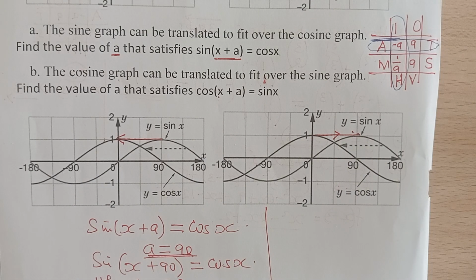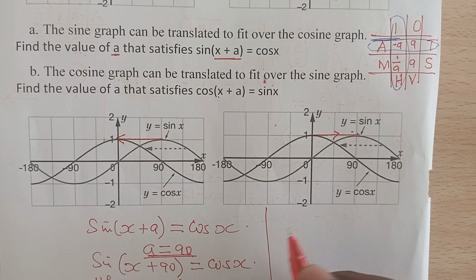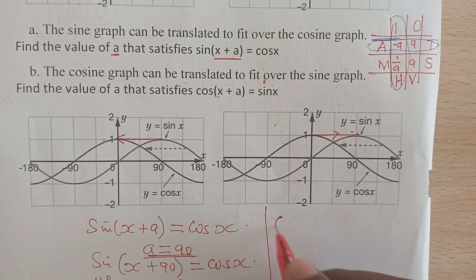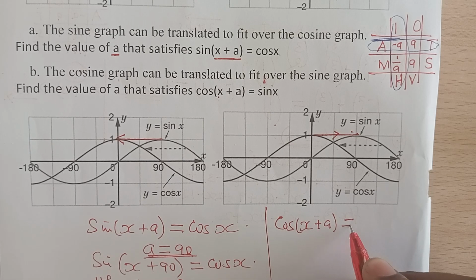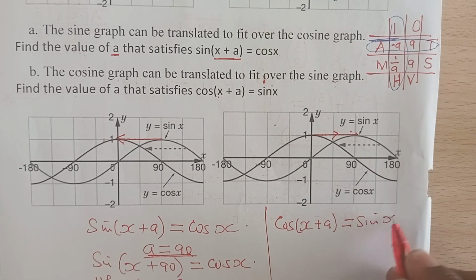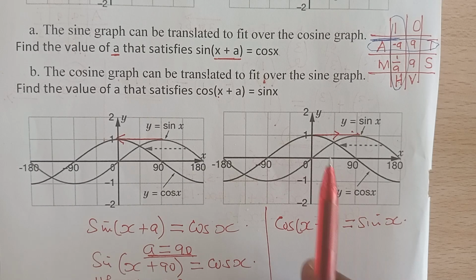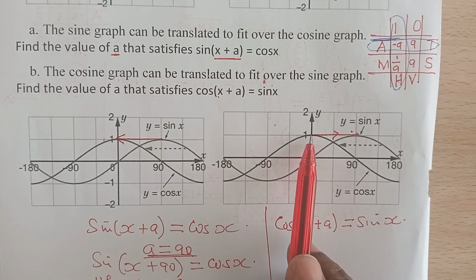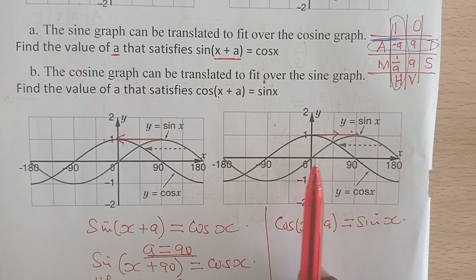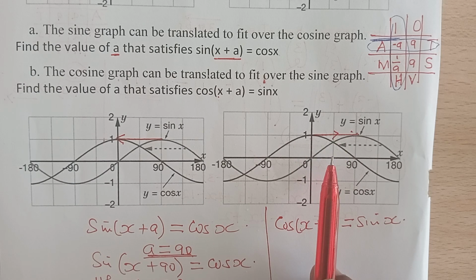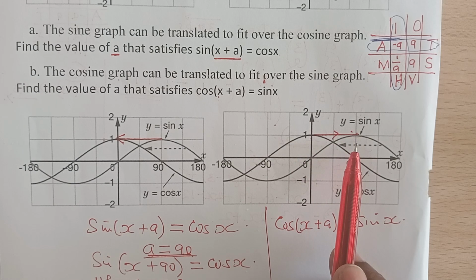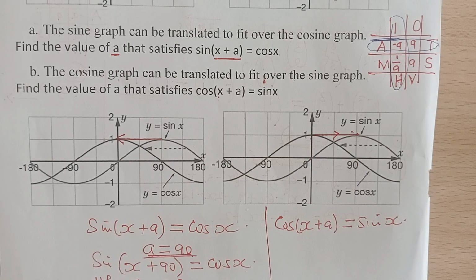Moving to the right means what? It is still the cosine of x plus A equals the sine of x. That means this graph is sliding parallel to the x-axis for a distance of 90 degrees.